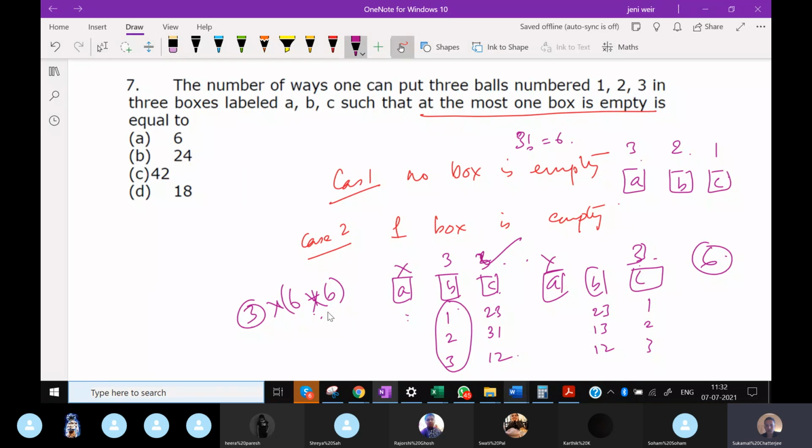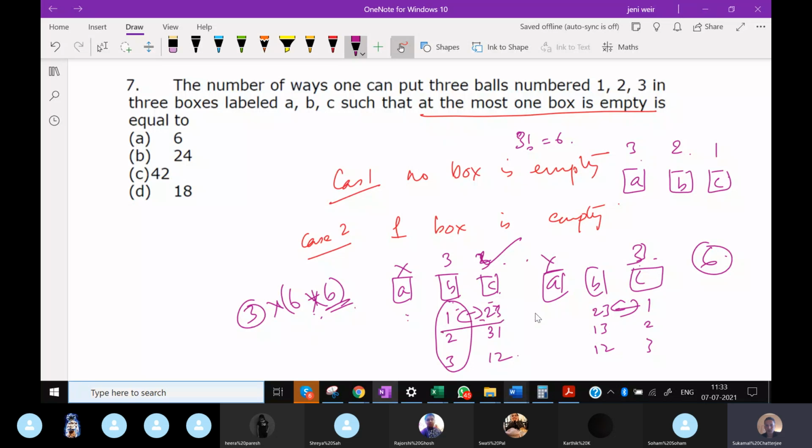Which one have I double counted? I have double counted one of them. I have double counted this one, last 6, because when I'm counting this combination, automatically my other combination is getting fixed.